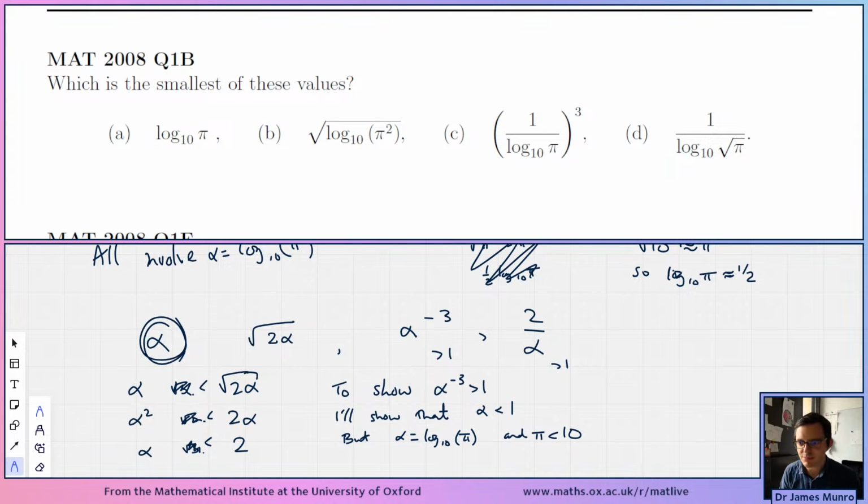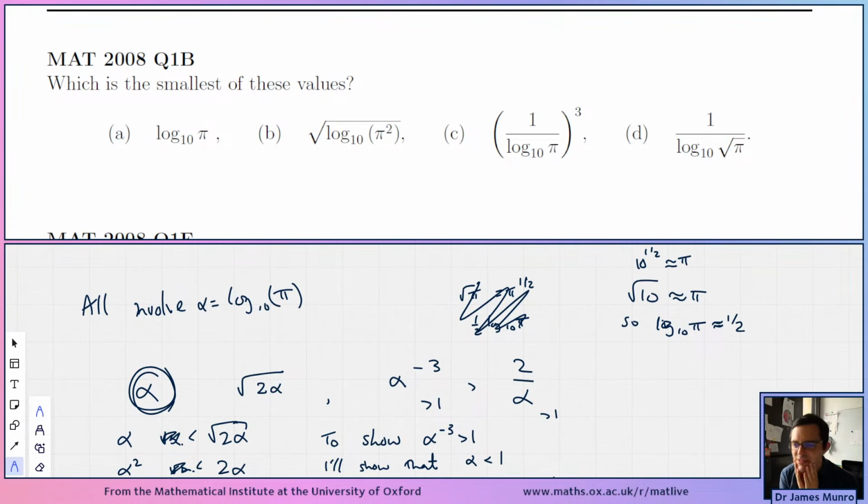I think this thing is the smallest because, well, just knowing that alpha is less than 1 seems to be enough, because once you know that alpha is less than 1, these last two are enormous numbers, partly because this is multiplied by 2 and partly because this is like something minus 3.